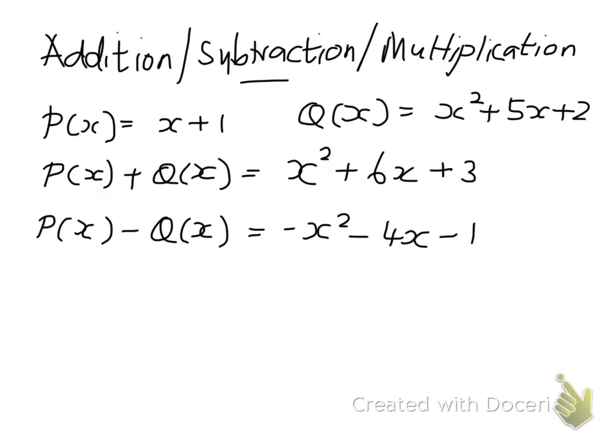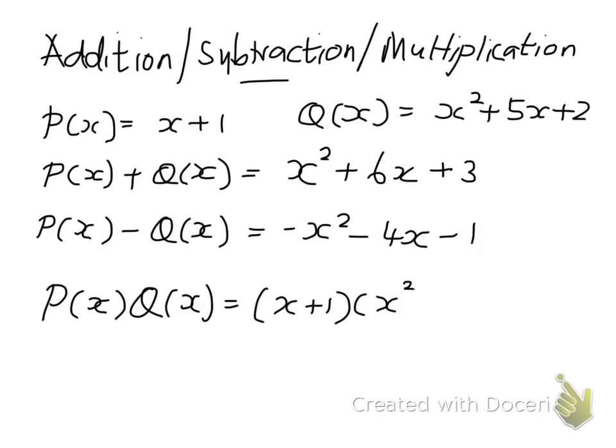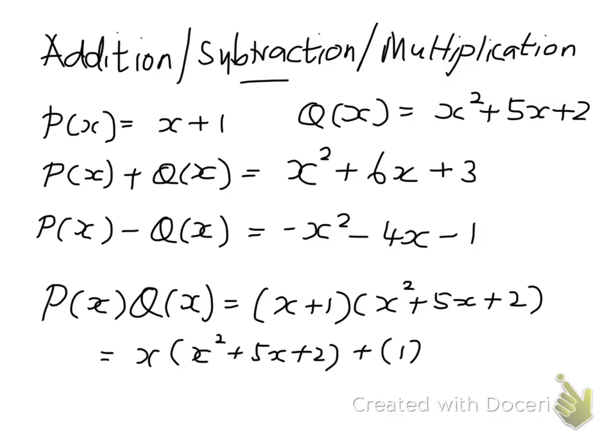So what if you are to multiply them then? If you have p(x) multiplied by q(x), what would that be? I will write it down: x plus 1 multiplied by x squared plus 5x plus 2, which is the same as x multiplied by each and every term in q(x), plus 1 multiplied by each and every term in q(x).